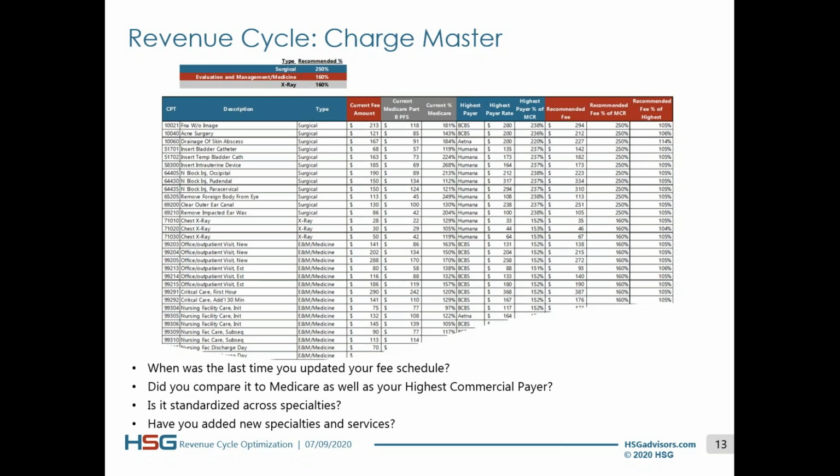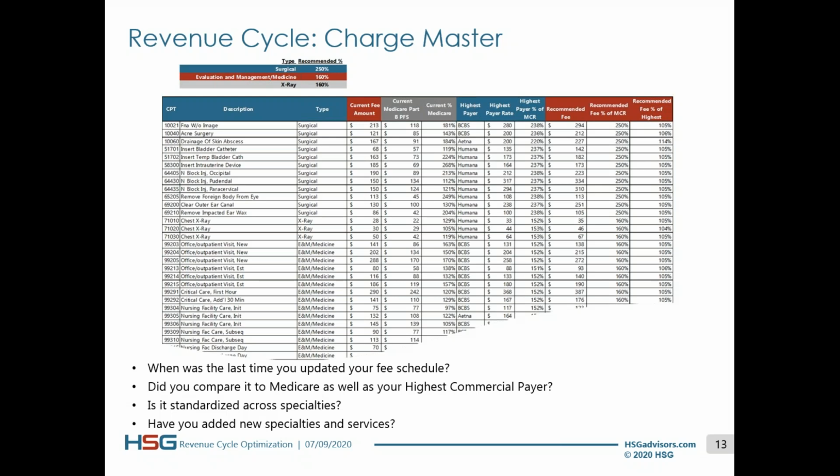So anyway, it's a good exercise to go through. Periodically, if not annually, at least every couple of years, looking at your charge master and understanding what you're being reimbursed.